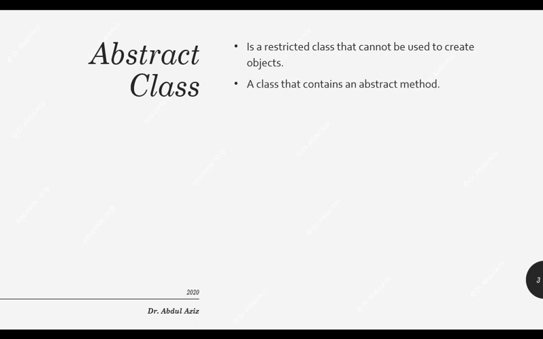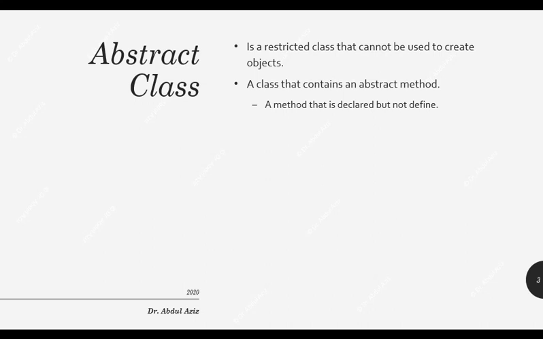This is a class that contains an abstract method. Another definition that we can easily find for an abstract class is: an abstract class is a class that contains an abstract method. So now we look into the concept of an abstract method. What is an abstract method?